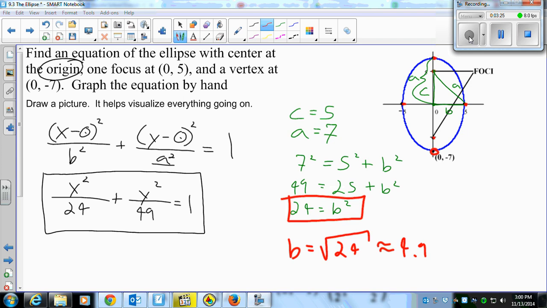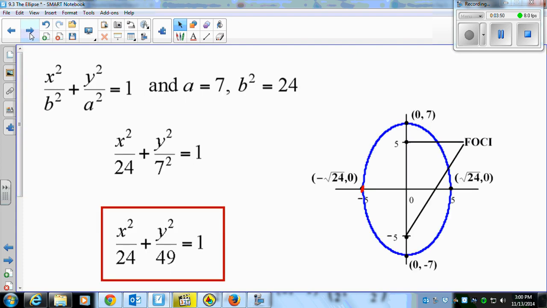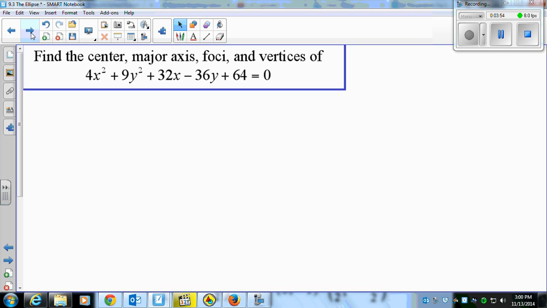I know the max is up there, and I can go ahead and connect the dots and get the graph of my ellipse there. Always nice to label my focus. So if this was 5, this is -5, and these are my foci there. All right, so go ahead and we can see how the book worked it there.